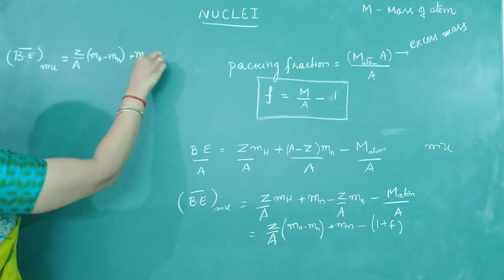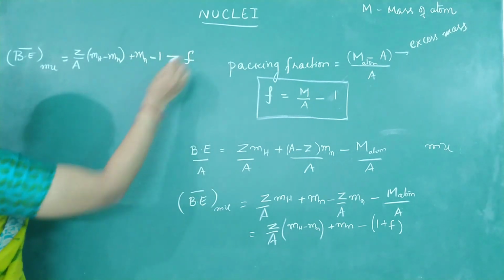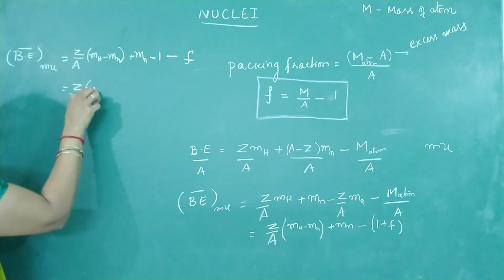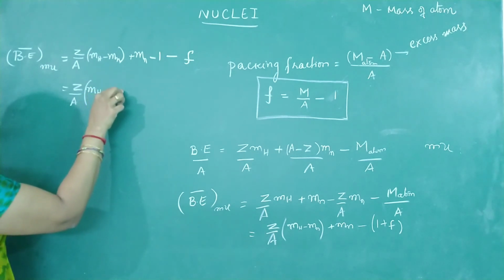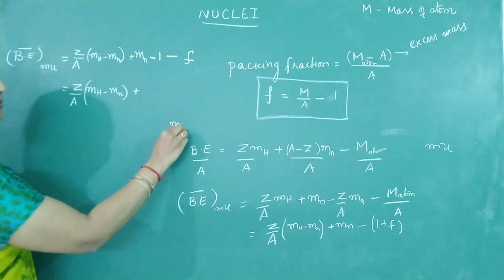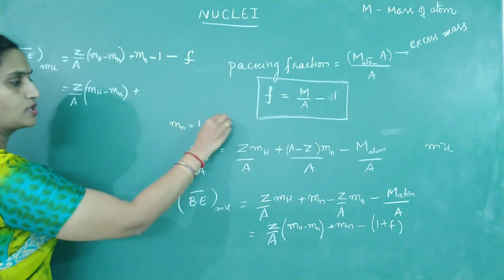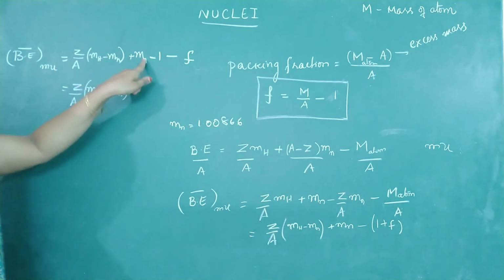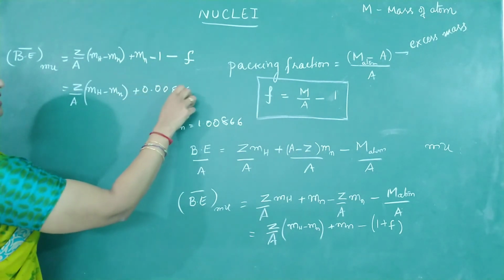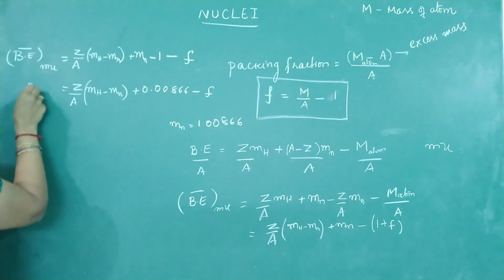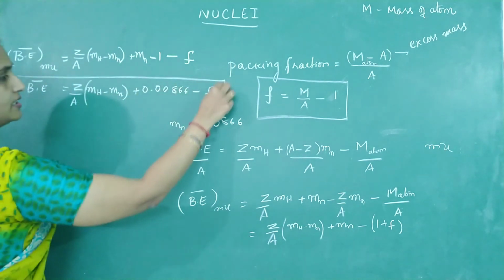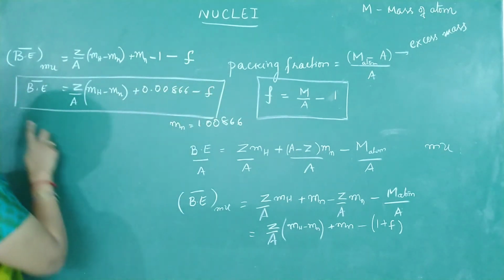Open the bracket, minus 1 minus F. Z by A, mass of hydrogen minus mass of neutron, plus mass of neutron, which in atomic mass units, hope you remember, is 1.00866, minus 1, I can write as 0.00866, minus F. So this gives you the relation between average binding energy and packing fraction.